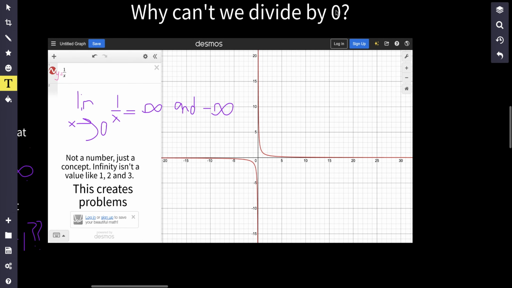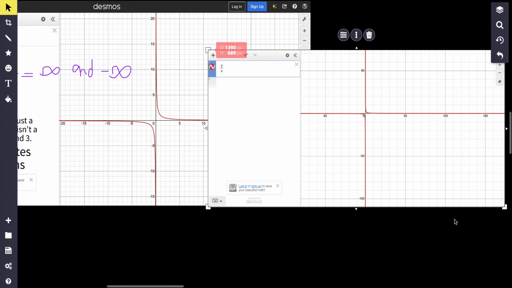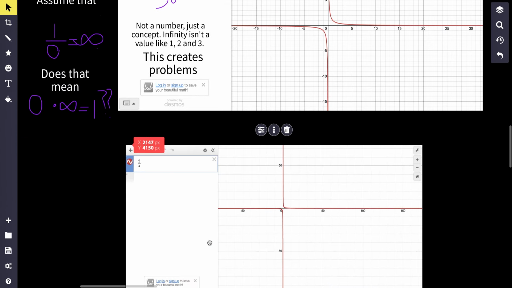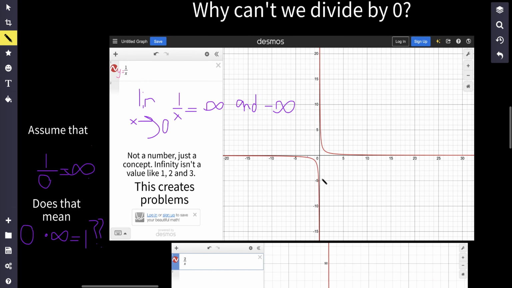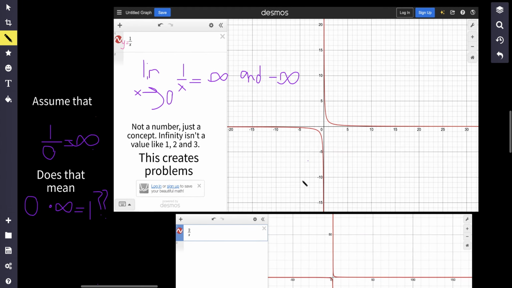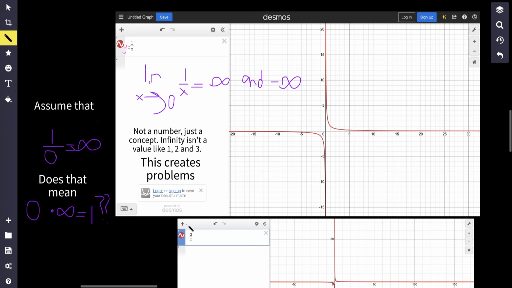In addition, this also creates contradictions. Right over here I have the graph of y is equal to 2x. And right up here, I have the graph of y is equal to 1 divided by x. The other one is y equals 2 divided by x.